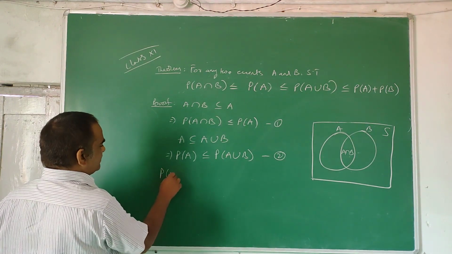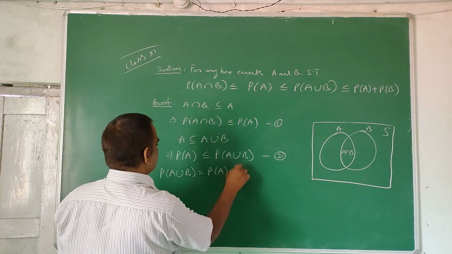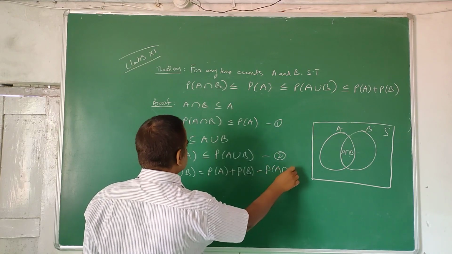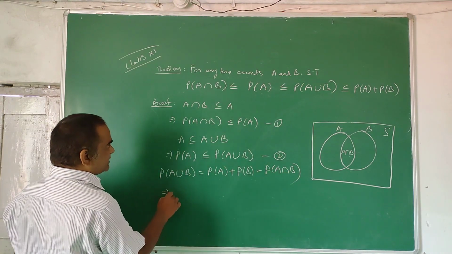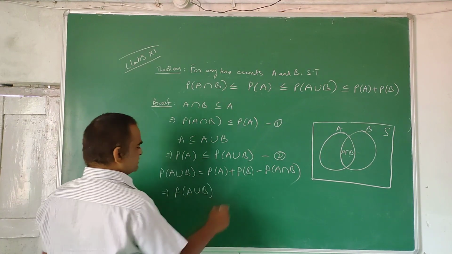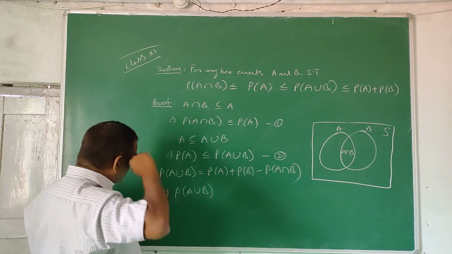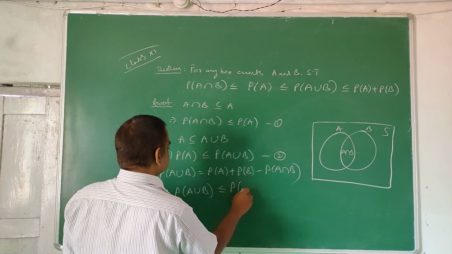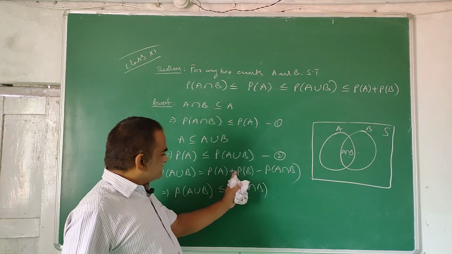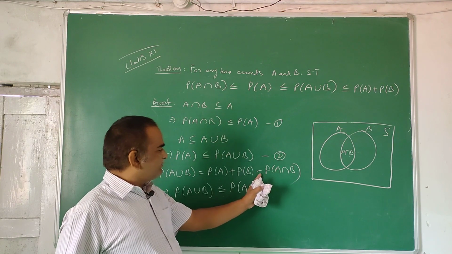Next, from the addition law of probability, P of A union B is equal to P of A plus P of B minus P of A intersection B. So obviously P of A union B is less than or equal to P of A plus P of B. Obvious, because P of A union B is the sum of these two with P of A intersection B subtracted.